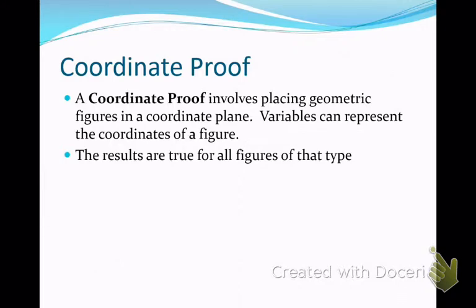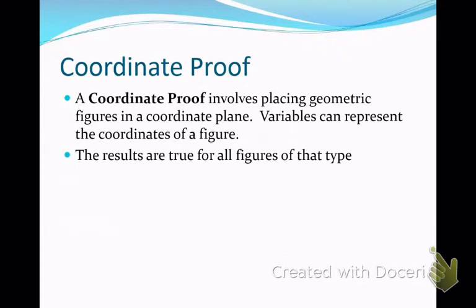Okay? Now, next idea before we get to our constructions is a coordinate proof. A coordinate proof is different than a two-column proof in its structure. A coordinate proof involves taking the geometric figure and putting it in the coordinate plane. We let variables represent any of the coordinates that we don't know for the figure.